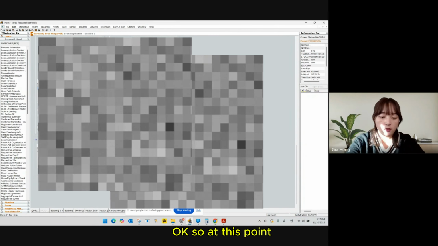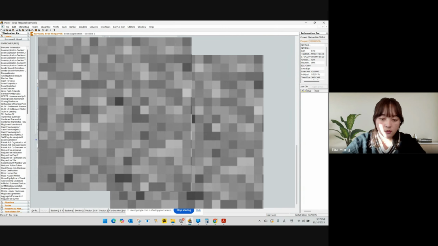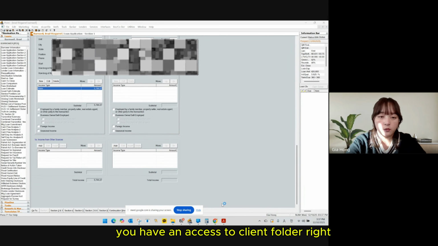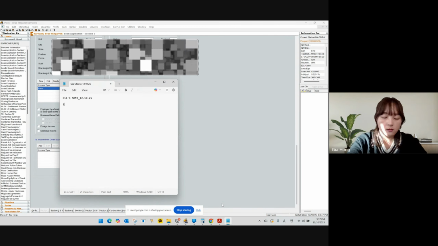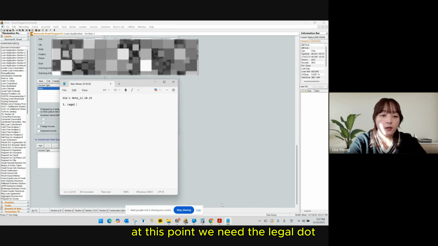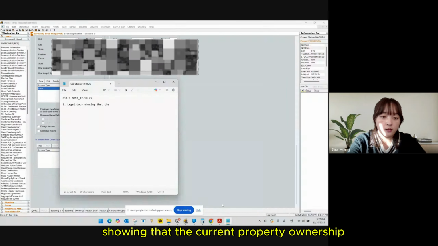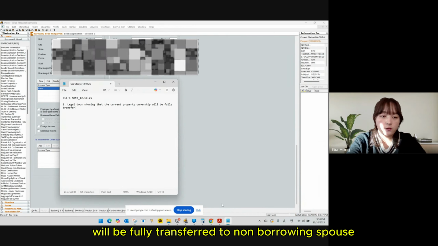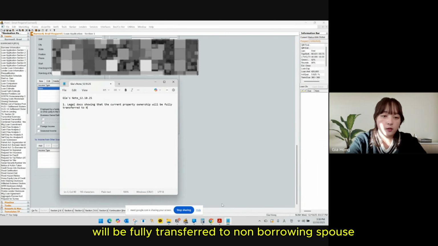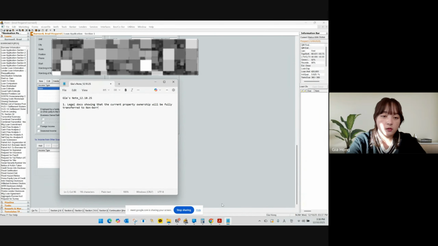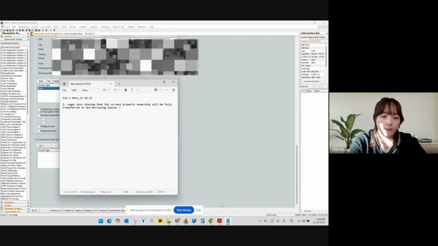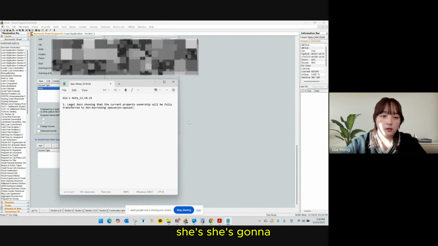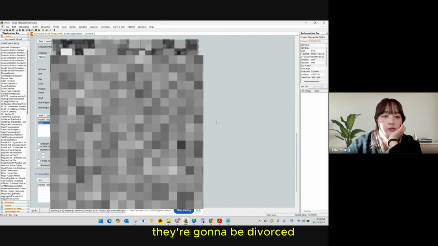Okay, so at this point, Vivian, I'm going to save my note in the client folder. You have access to the client folder, right? At this point, we need the legal document showing that the current property ownership will be fully transferred to the non-borrowing spouse, or the ex-spouse, since they're going to be divorced.